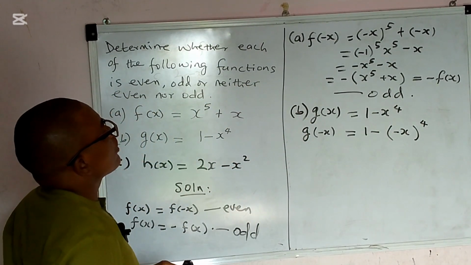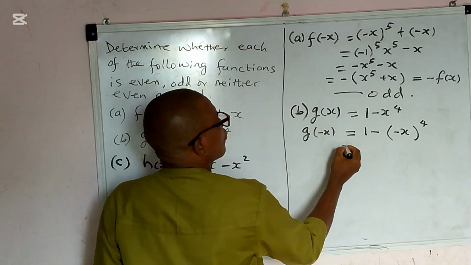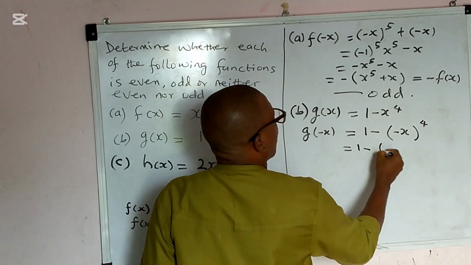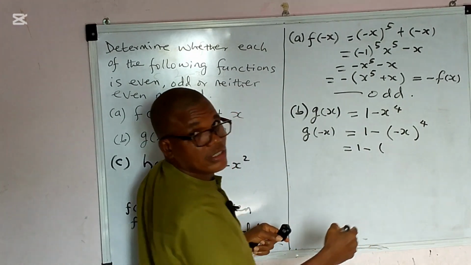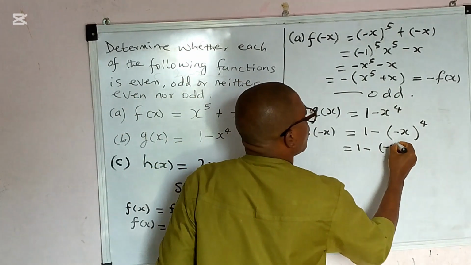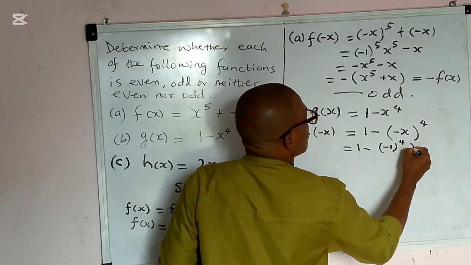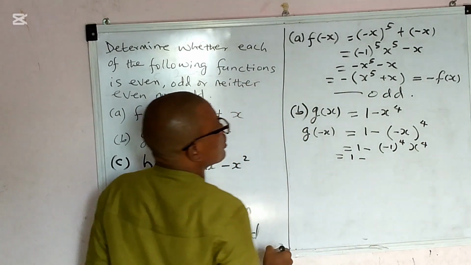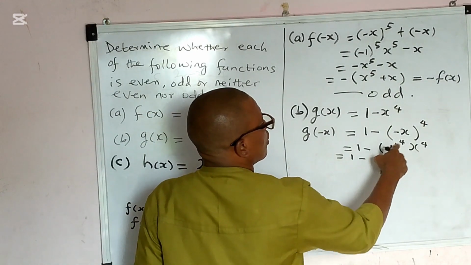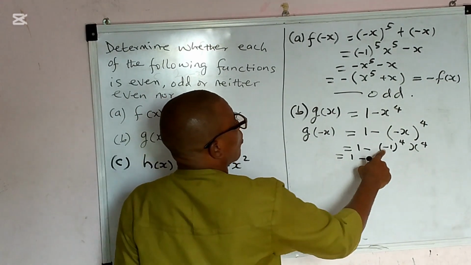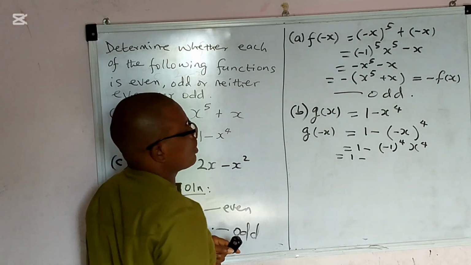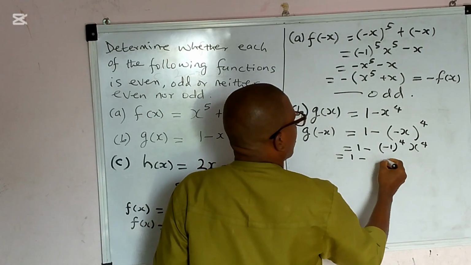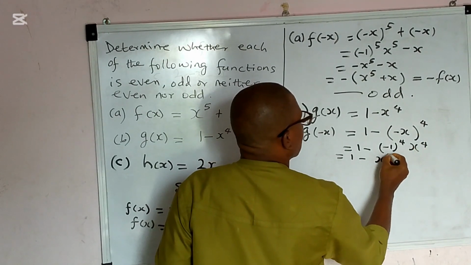The coefficient of x here is minus 1, so you have minus 1 to power 4 times x to power 4. Minus 1 to power 4 is plus 1, so it's 1 minus plus x to power 4.